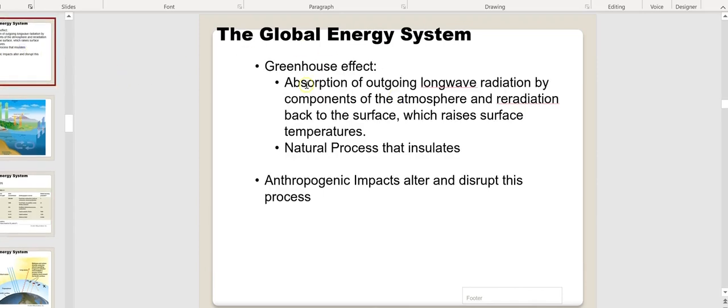So remember, this greenhouse effect was created in order to insulate the earth and keep it nice and warm and toasty. Without it, our earth would be very, very cold. Carbon dioxide and methane have a very large capacity to hold heat.